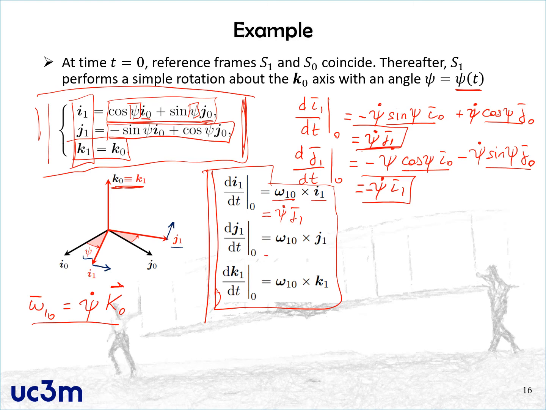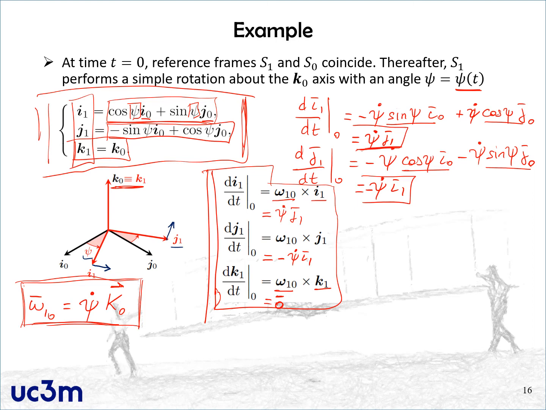If you take the cross product of omega with J1, you get minus psi dot I1. And if you take the cross product of omega with k, you get a 0 because the two vectors are parallel. Okay, so this is the behavior that you would expect. So this is the way that you can postulate the angular velocity vector of a simple rotation. It's always the same, and it's worth remembering this.